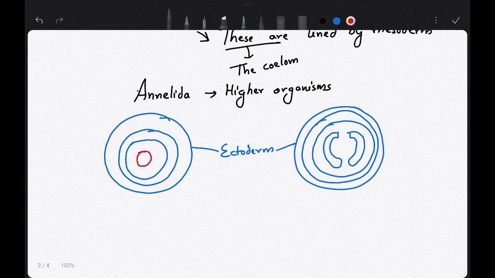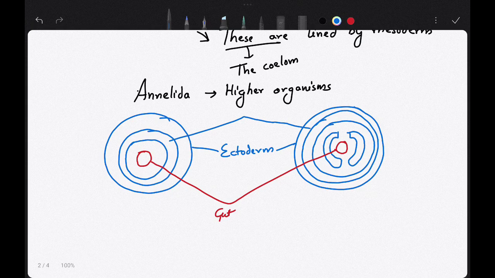Okay, now you will see the gut. These are the gut, or intestine, or the digestive part. So ectoderm, then the mesoderm, and then the endoderm.